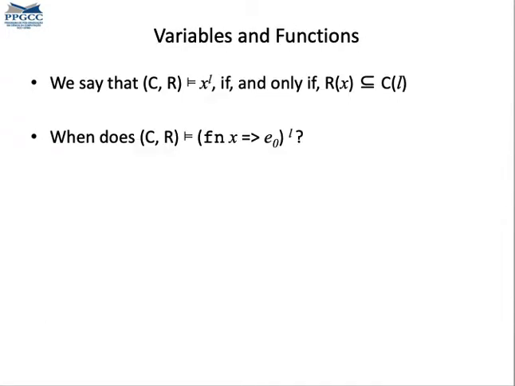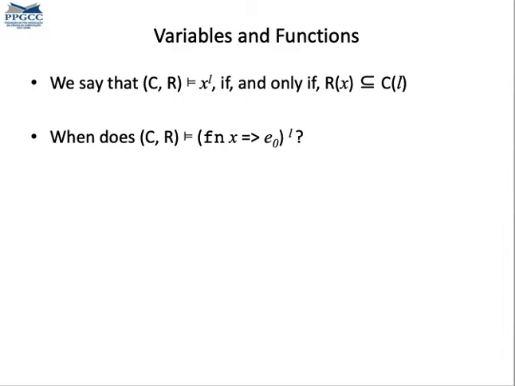Well, a variable is formed by two things: the name of the variable itself plus its label, L. Then we say that the pair C, R satisfies the variable if the functions bound to the variable are a subset of the functions that might be bound to the label that marks it. So here we have the constraint that determines when this solution is valid.